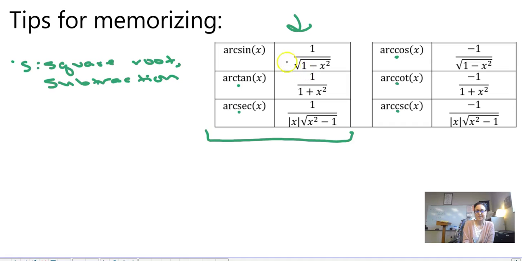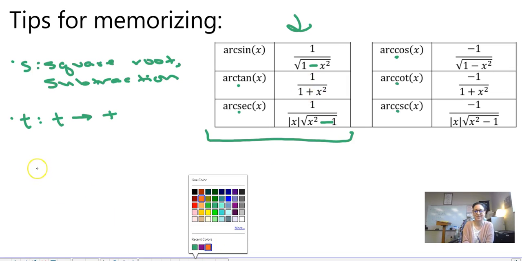Please write those. See how sine and secant both have a square root, and they both have a minus? So I'm looking at differences first, and we'll talk about similarities. If it starts with T, arctan, the T looks like a what? Looks like a plus sign. So I have a plus here for arctan.